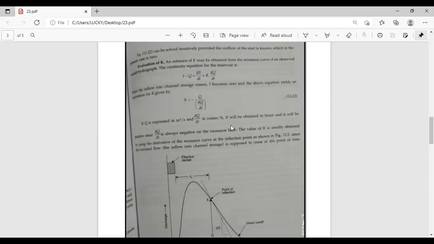The continuity equation for the reservoir is I minus Q equals dS/dt, which equals K dQ/dt.